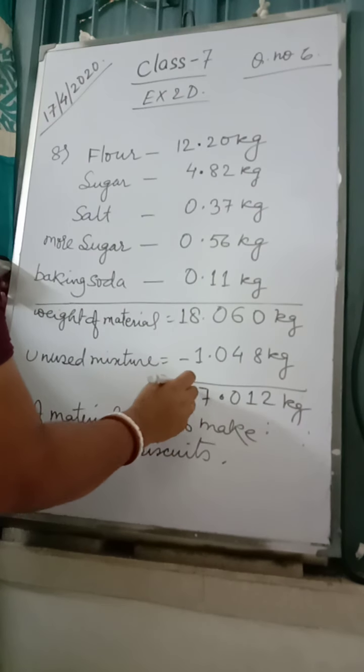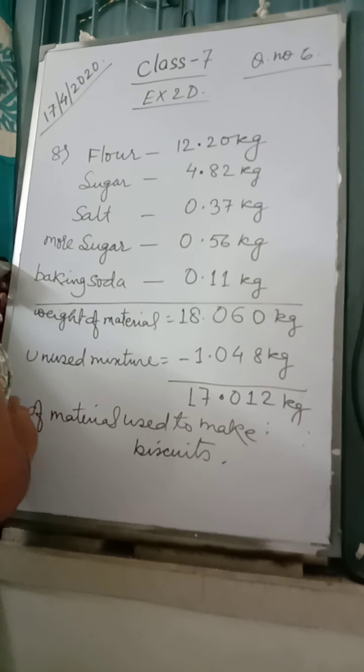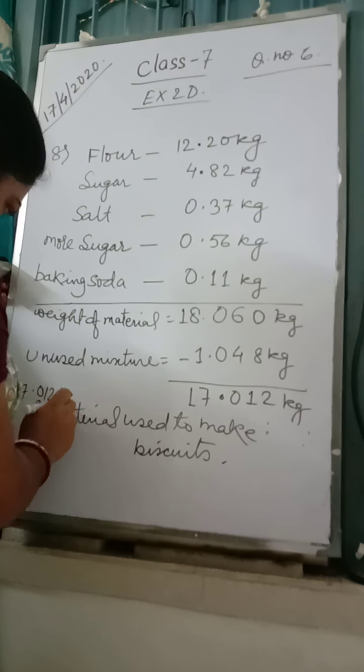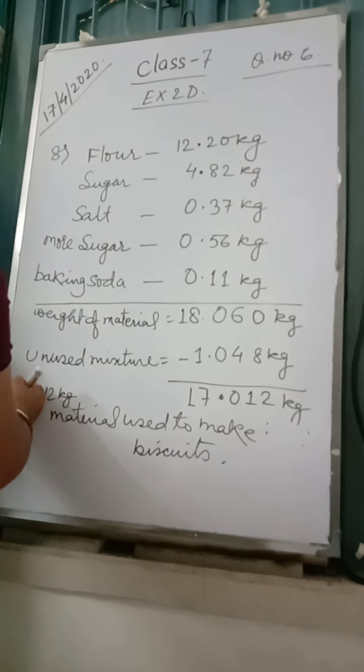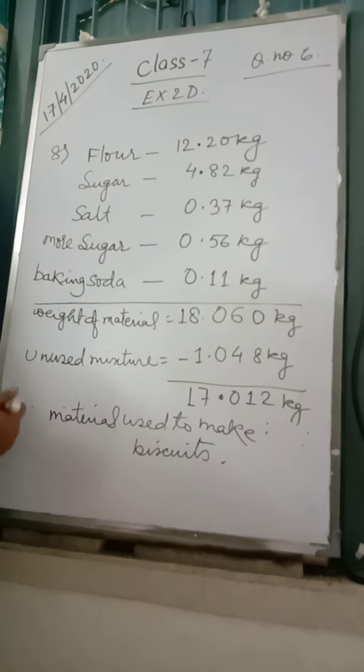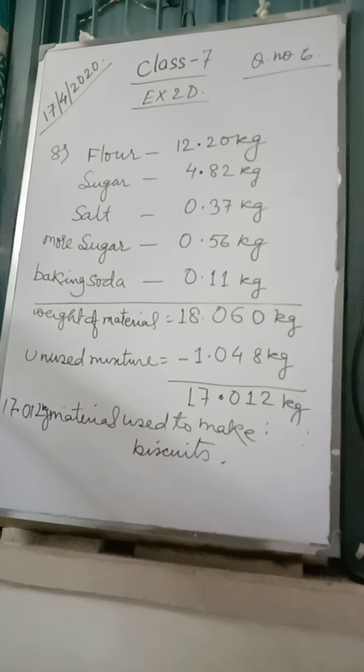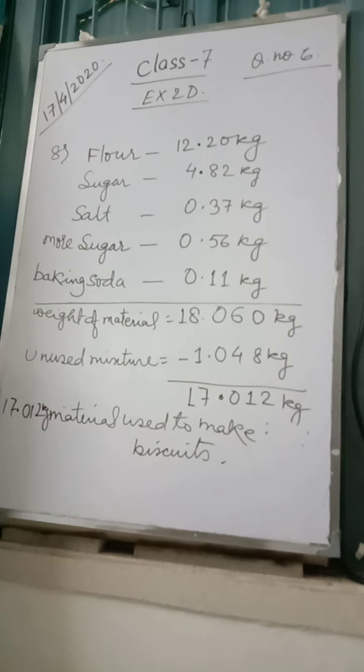Here you can write 17.012 kg of materials used to make biscuits. So till today, till here only. You keep practicing. Thank you.